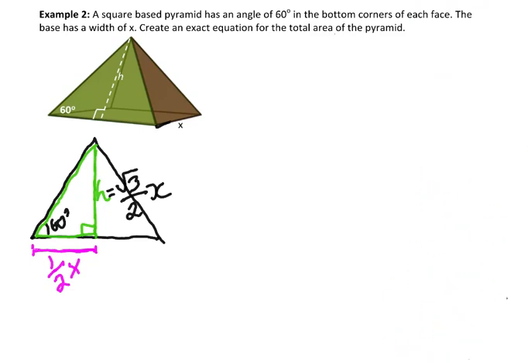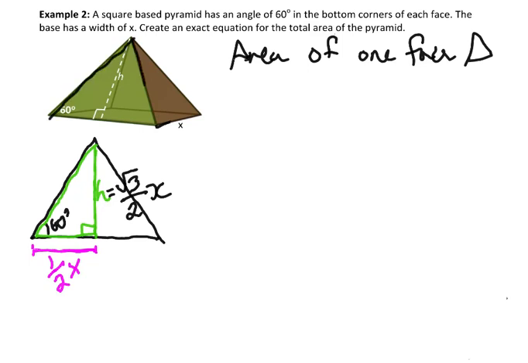Our next goal is going to be to find the area of one face triangle. So that means the area of this whole triangle that I've drawn in 2 dimensions there. So if you remember, area of a triangle is base times height divided by 2.